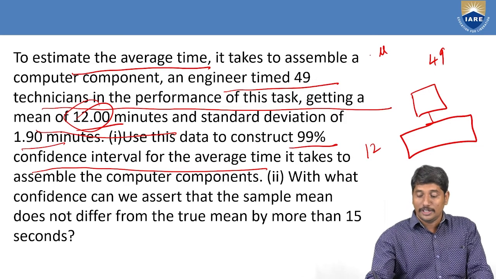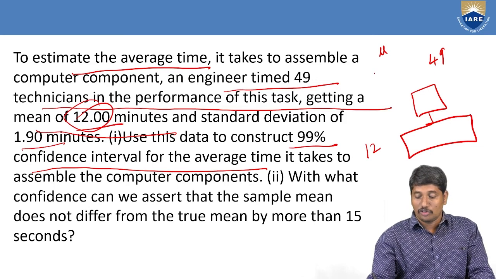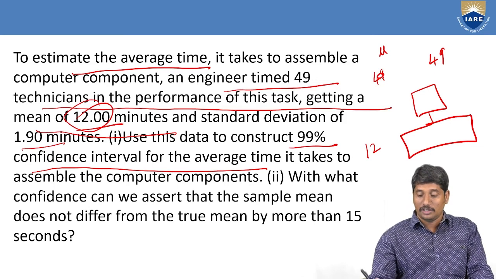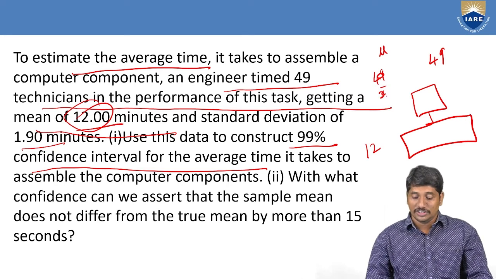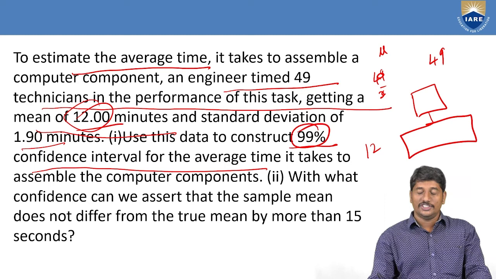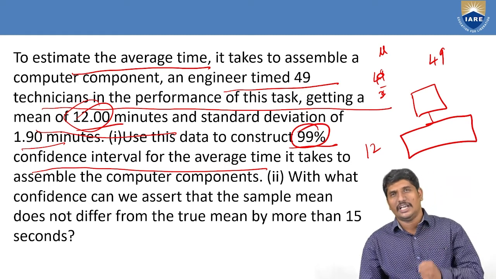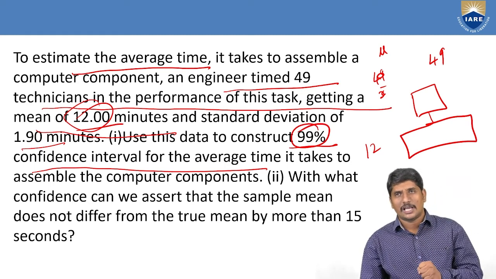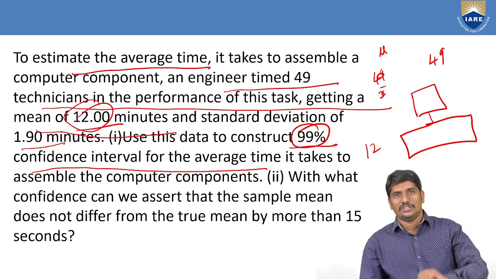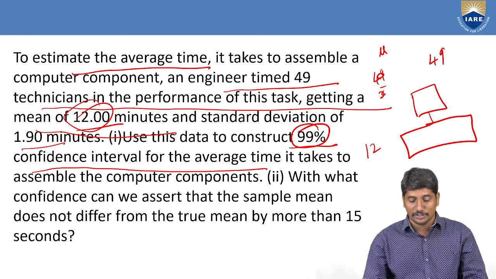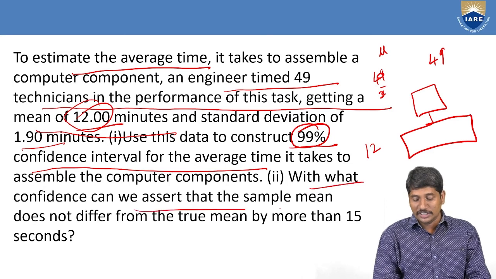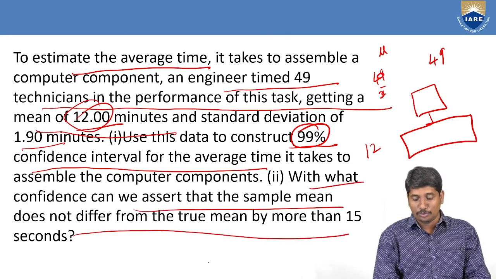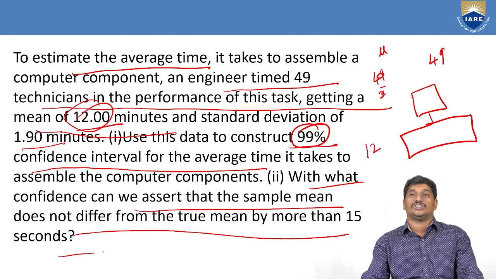You have to estimate mu as an interval around the sample mean x bar. That is called the confidence interval, and the level of confidence means you are assuming that 99% our sample calculation will coincide with the population parameter value. That is your confidence. Now, with what confidence can we assert the sample mean does not differ from the true mean by more than 50 seconds?